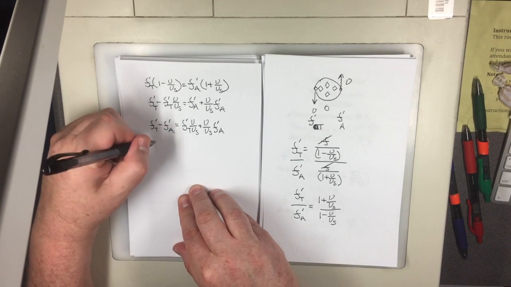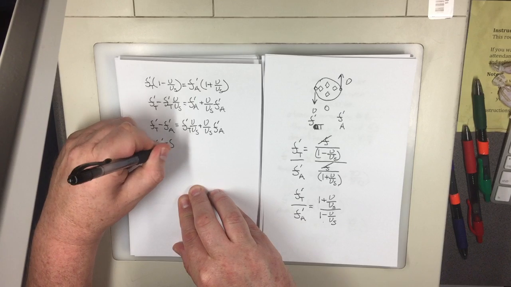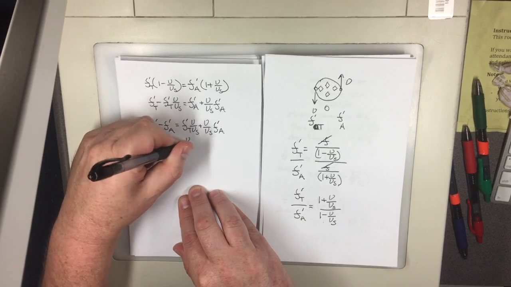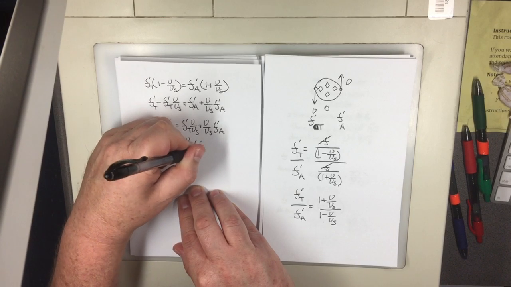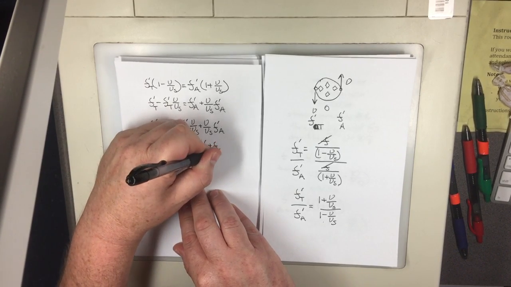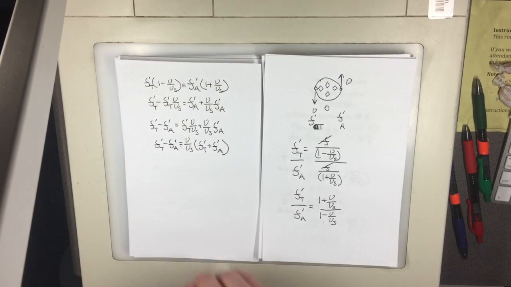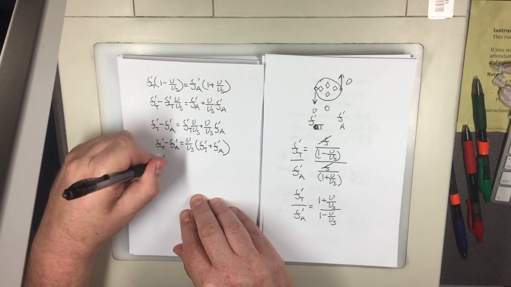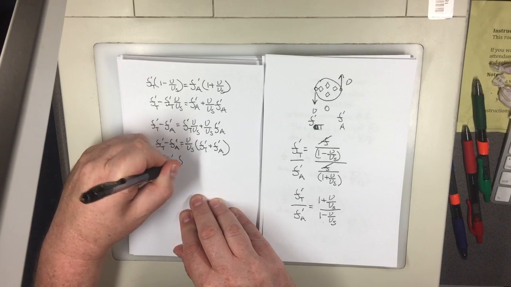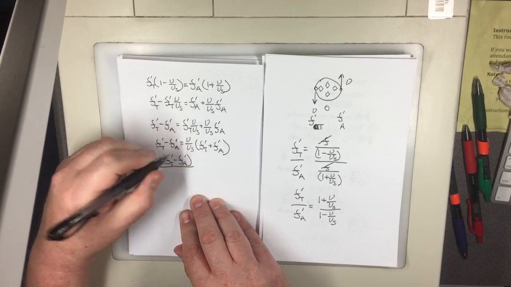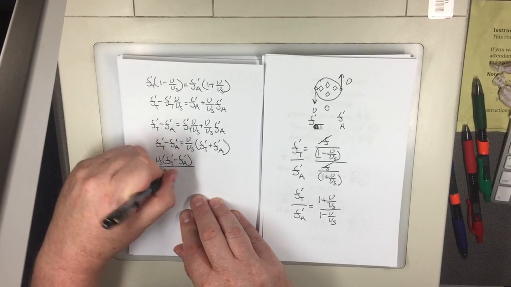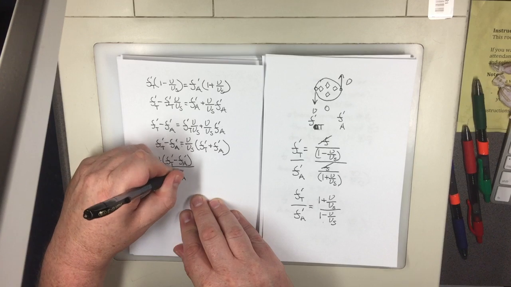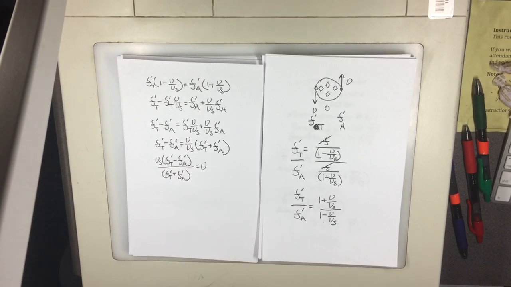Factor out the V over Vs. Solve for V. And so that's the velocity of the ball.